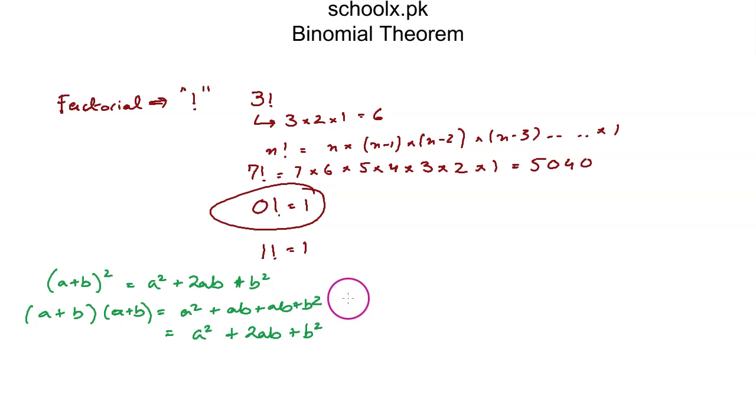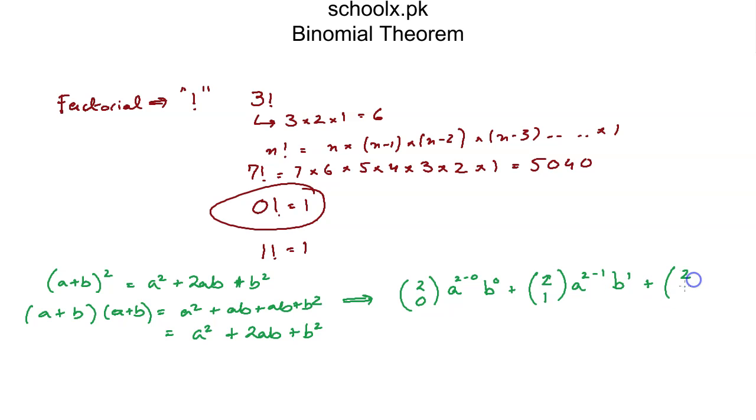Or we can solve it using the formula for binomial theorem, which is 2C0 a power 2 minus 0 into b power 0 plus 2C1 into a power 2 minus 1 into b power 1 plus 2C2 a power 2 minus 2 into b power 2.